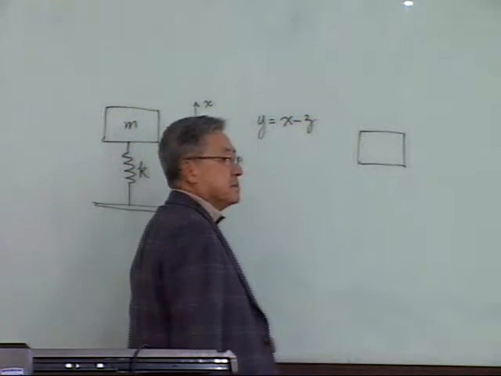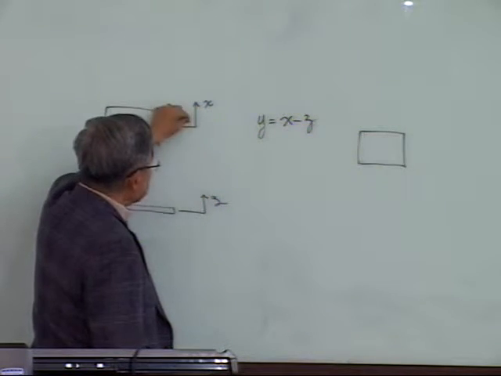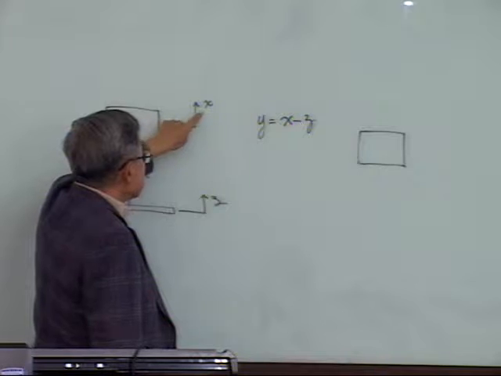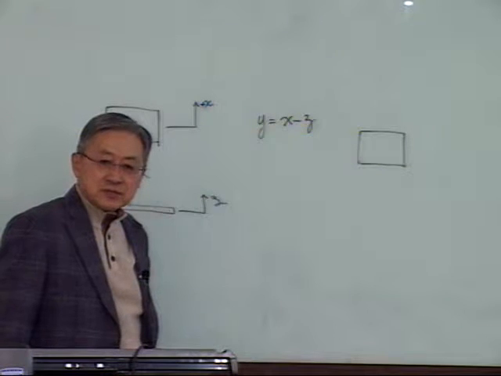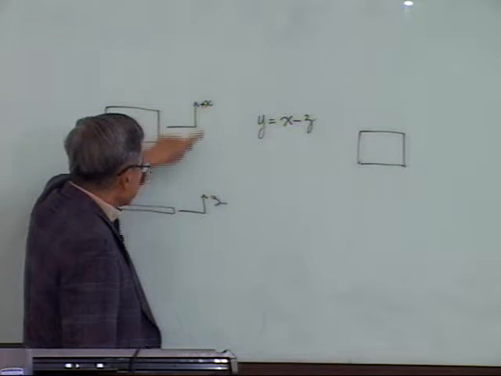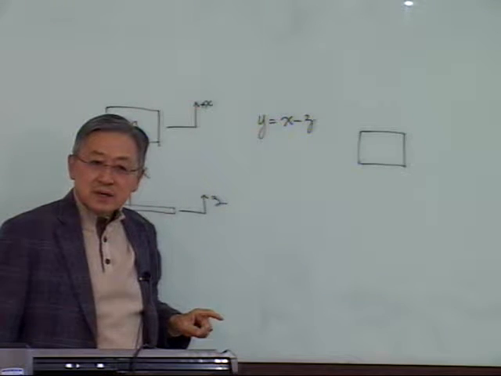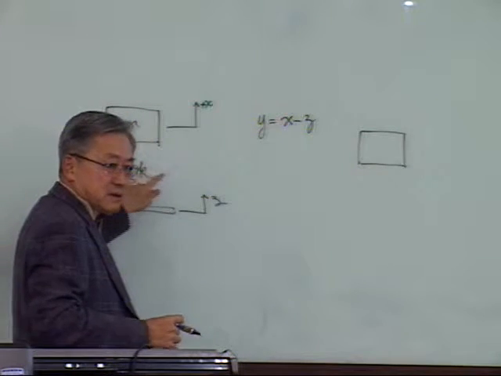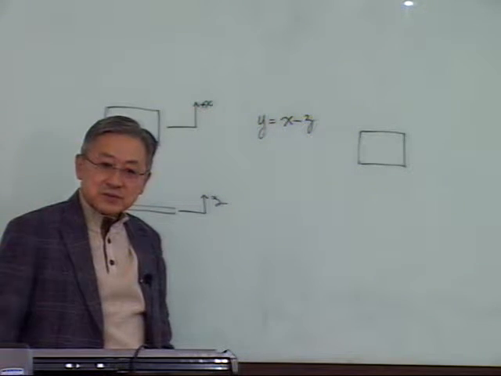So relative displacement, then I'll just draw the free body diagram. When you have a base motion, this guy will also have motion, and the upward direction is the positive x direction. Okay, if I excite this guy a little bit more than the z, then the spring will be stretched, right? If a spring is stretched, if I cut it, then what happens? Which is the same as applying a force in the downward direction, right?